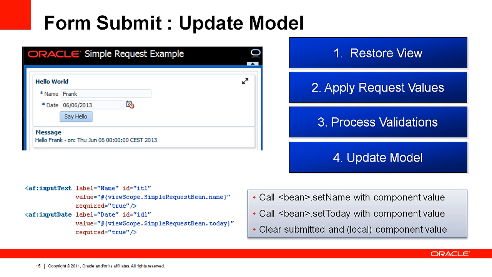If you work with ADF, then the expression language string you see for the value property will have a form of bindings dot attribute name dot input value. So here on the model now, in our case, the set name and set today will be called to update the submitted value into the model.